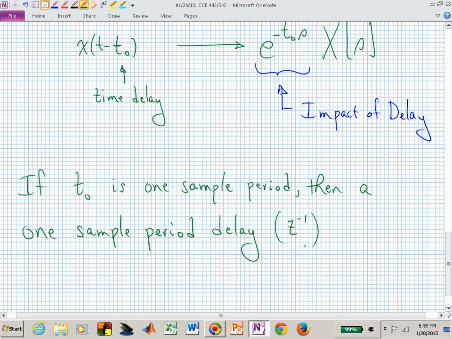That was this z to the minus 1, wasn't it? So z to the minus 1 represented in the frequency domain for a discrete time system the amount of a one sample period delay.